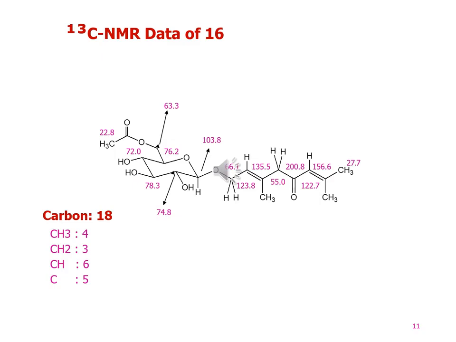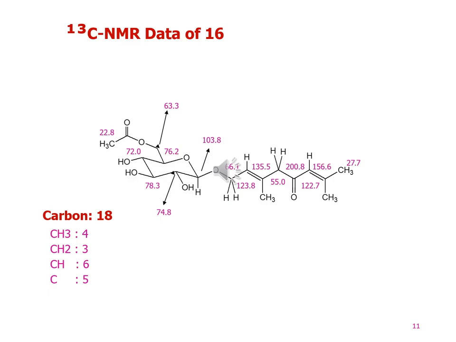So on the basis of this evidence, we assign the structure of this molecule as 3,7-dimethyl-2E,6-octadien-5-on-1-oxy-beta-D-6-oxyacetyl glucopyranoside.